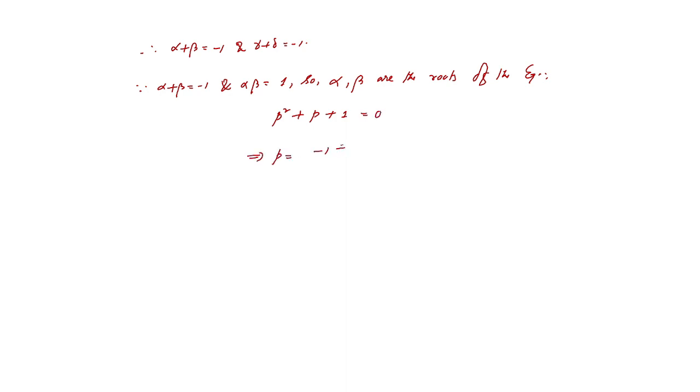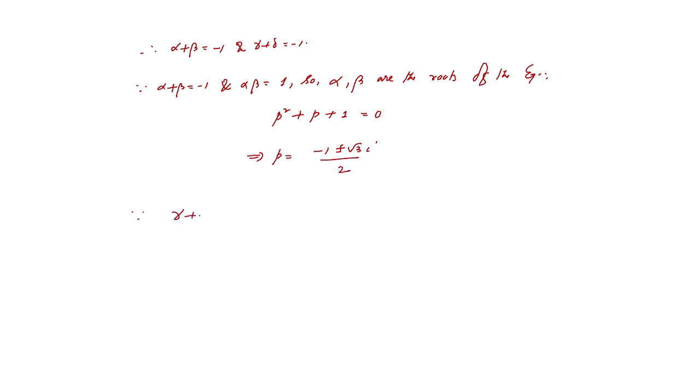Now again, since alpha plus beta equals minus 1 and the product alpha beta equals 1, alpha and beta are the roots of the equation p square plus p plus 1 equals 0. From that equation you can solve: minus 1 plus or minus root 3 i by 2.